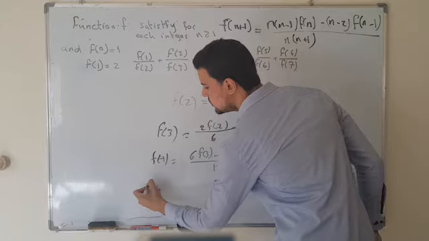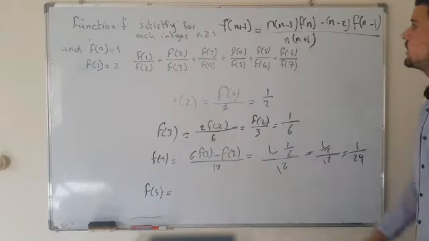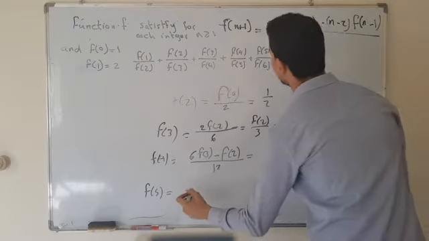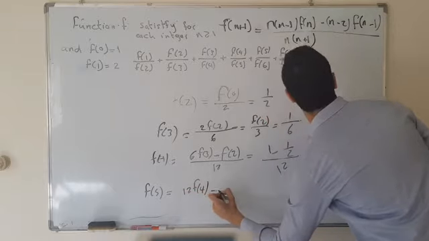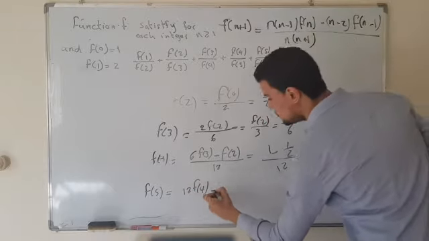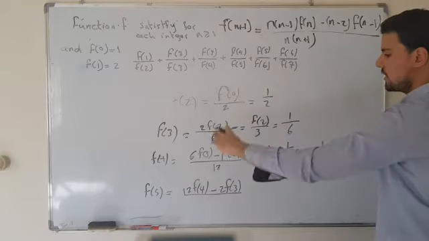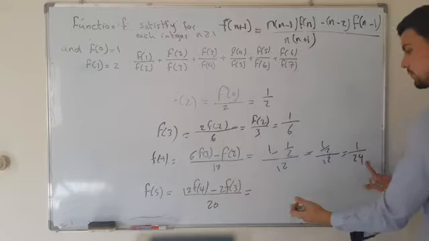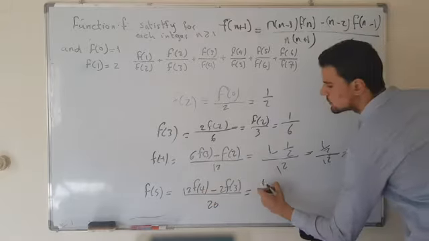Now I need to know f5 as well. f5, let's substitute n with 4. Okay, 4 times 3, 12, f4 minus 2 f3, over 4 times 5, 20. 12 multiplied by f4, 1 over 24, equals half.